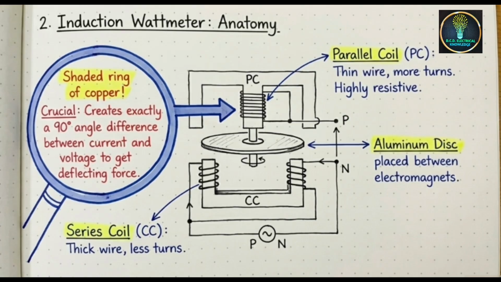Series coil CC: thick wire, less turns. Parallel coil PC: thin wire, more turns, highly resistive. The figure shows it clearly. An aluminum disc is placed between electromagnets.